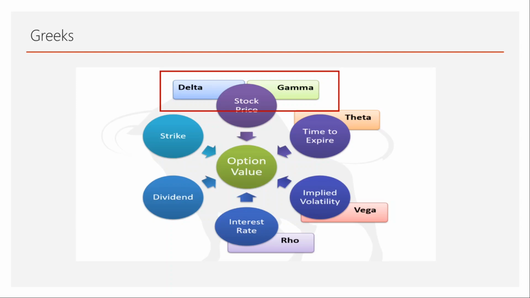So extrinsic value has many components in it, like delta, gamma, theta, vega and rho. Delta and gamma are impacted by stock price, theta is due to time to expiration, vega is due to implied volatility, and rho is because of interest rate change.